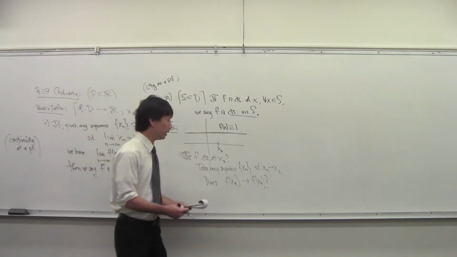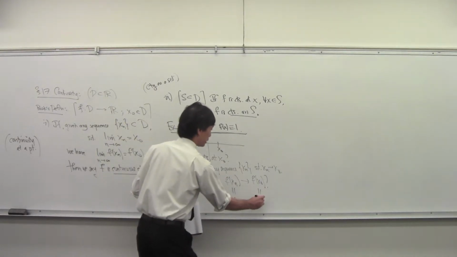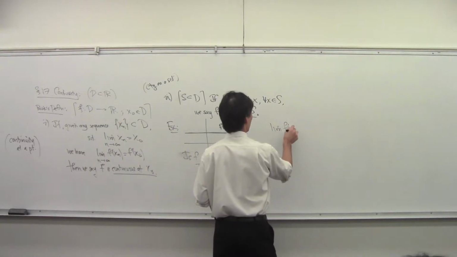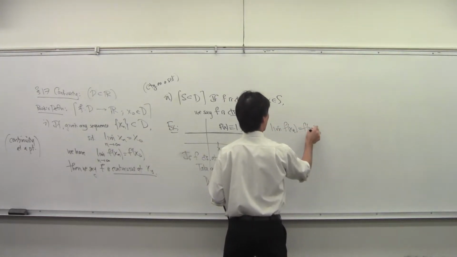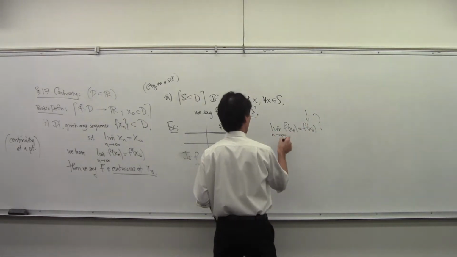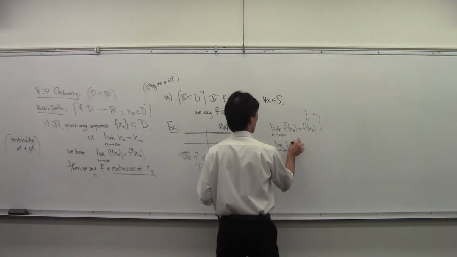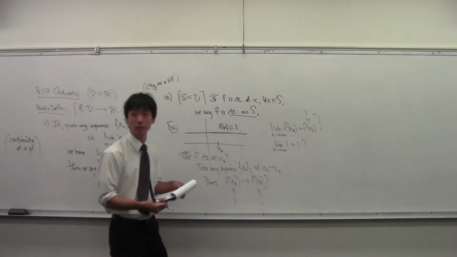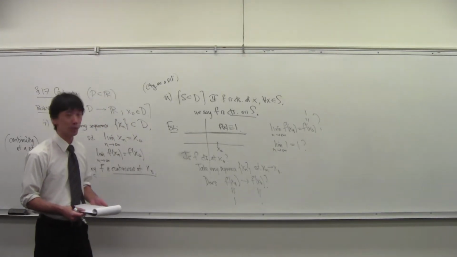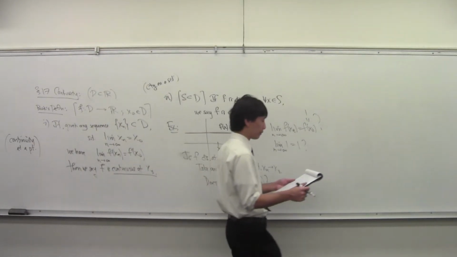So we're asking, does the limit of f of xn equal f of x naught, in other words 1, as n goes to infinity? Well, f of xn is 1, so we're just asking, does the limit of 1 equal 1? Sure. So yeah, we're continuous at every point. Okay. So this is how you would use the book's definition to check continuity.